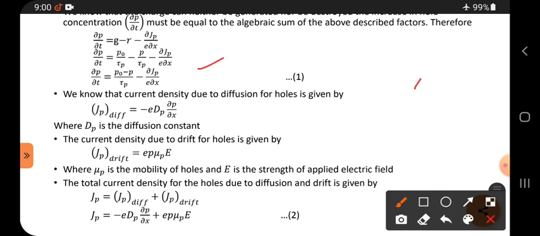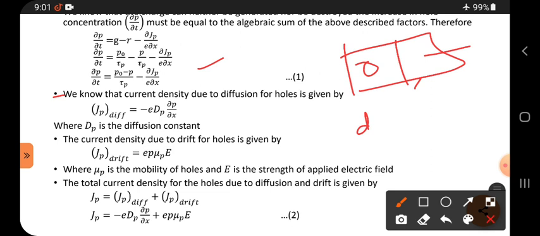Okay friends, now see. There I explained how this formula comes. We know that the current density due to diffusion for hole is given by this. Diffusion means, if you take any extrinsic semiconductor device that is not doped uniformly, with this side heavily doped and this side lightly doped, then concentration is high here and low on this side, and charge carriers can move from the higher concentration region to the lower concentration region.